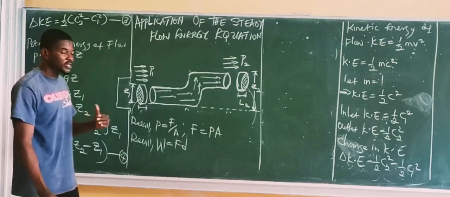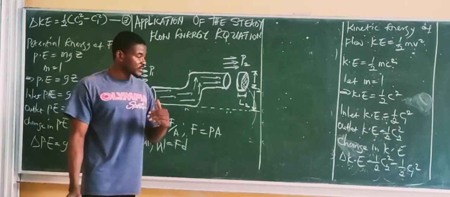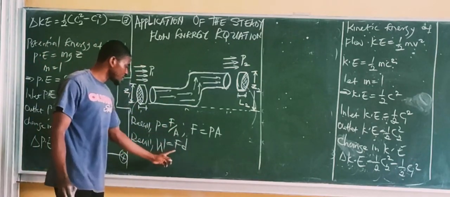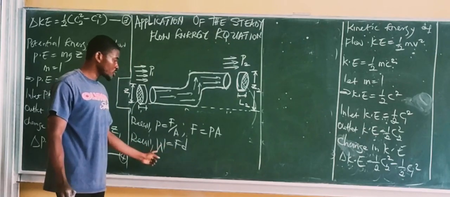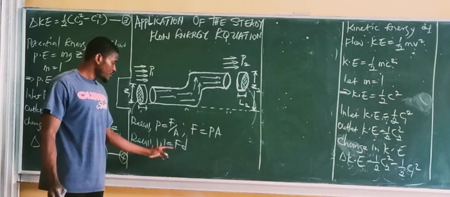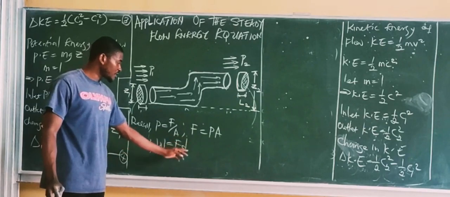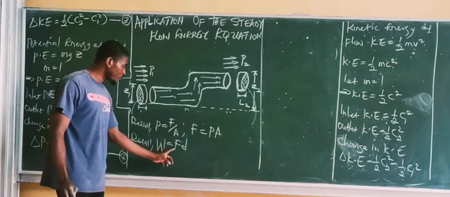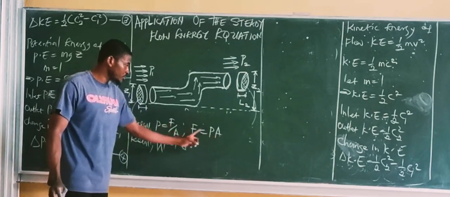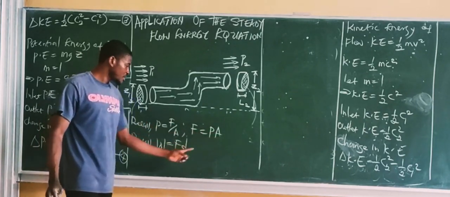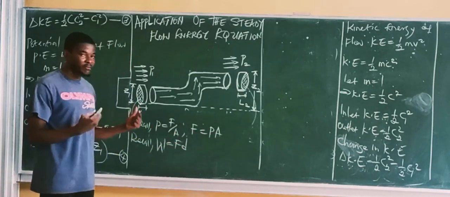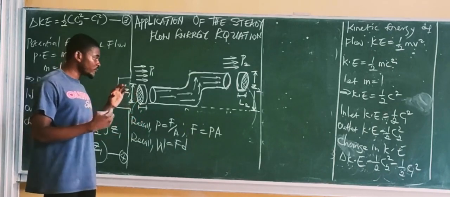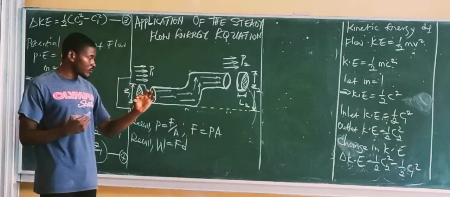Recall also that work is simply force times distance covered. Now the force is the force of the flow, the work done is the work of the flow, and the distance in this case is the length of the pipe covered. The force of flow is pressure times area, and the distance is the length of the pipe. The length the fluid covers is called the distance of flow.